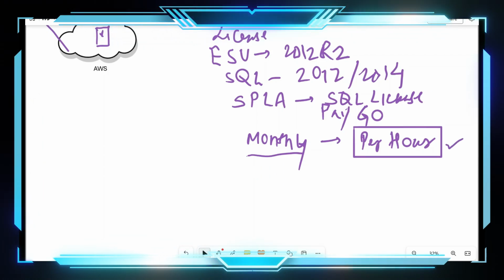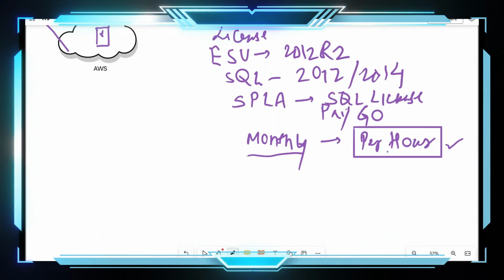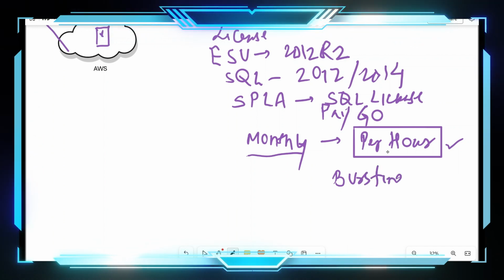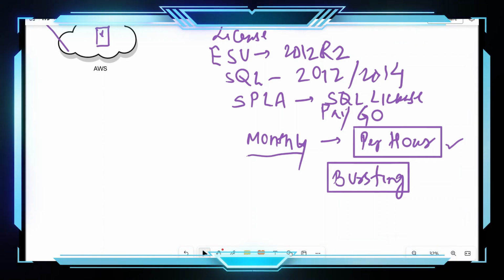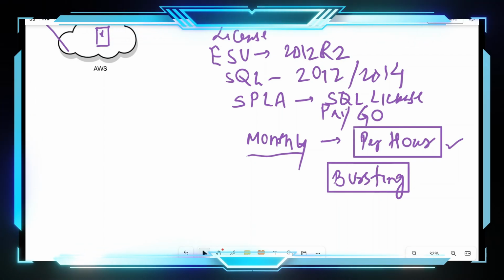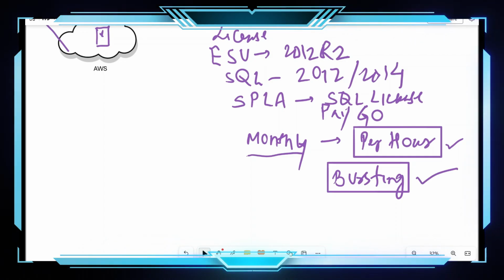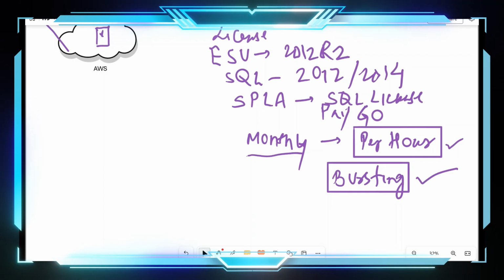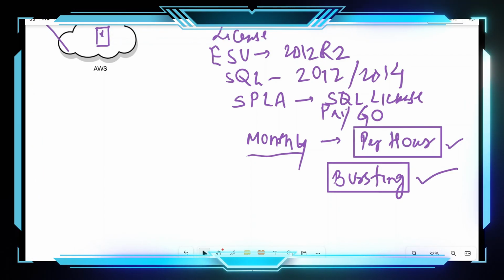Also, in case you want to have, let's say, a scheduled bursting, in case there is a peak season and you want to deploy maybe a SQL Server only for a couple of days or a couple of weeks, in that case, rather than tying up into those monthly or yearly subscriptions, you can go and enable this for how long you want to use it, and then you quickly remove those resources, and you only pay per hour.